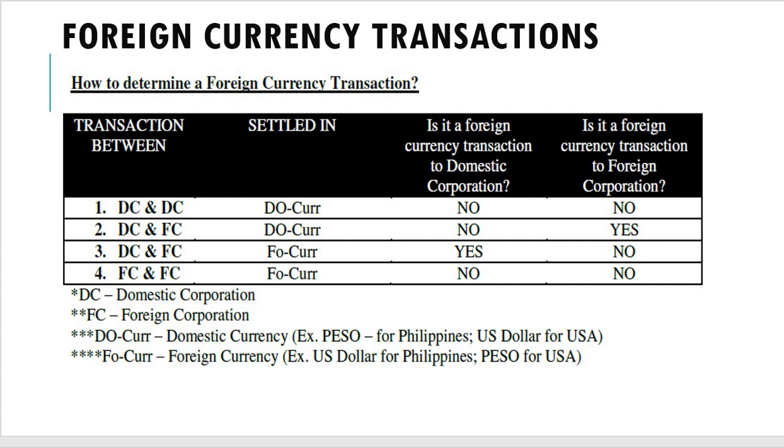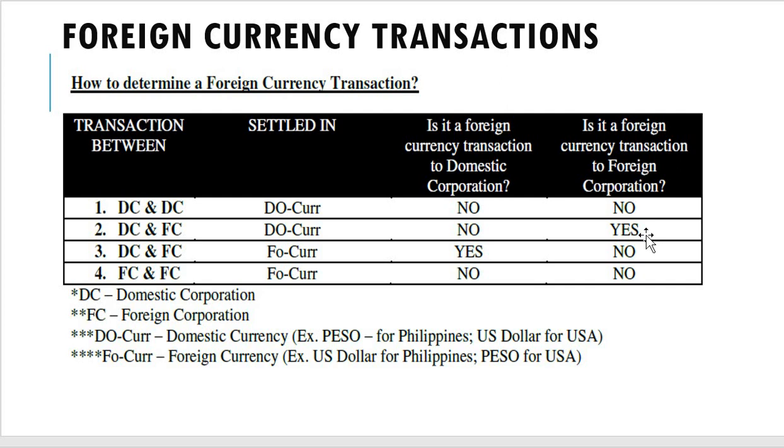On the perspective naman of the foreign corporation, it is a foreign currency transaction, because it is to be settled not in their currency, but in our currency, the Philippine peso. So, in this case, the foreign corporation would account for the gain or loss arising from the changes in the exchange rate.